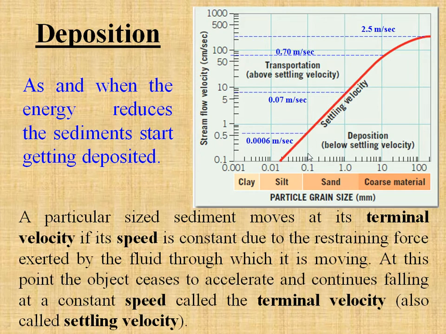So these are the smaller fine sand size sediments, and then you have the silt size sediments. So that is important. Sediment will keep on getting transported until the velocity of water comes below its terminal velocity, or below its settling velocity.